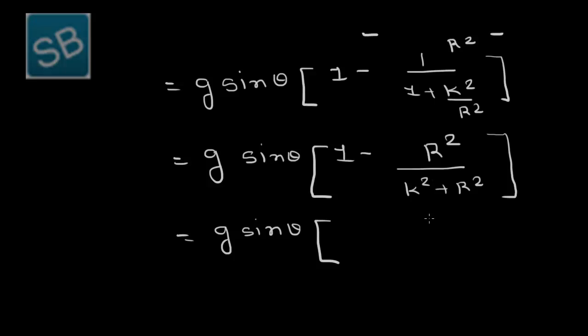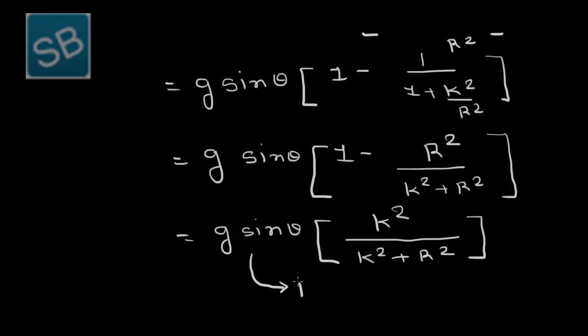After taking the LCM, this k square plus r square will come in the numerator, but it will be cancelled out with this r square. So in the numerator, only k square will remain. And so the final equation is like this. So this is the decrease in the linear acceleration due to the frictional force F acting on the rolling body.